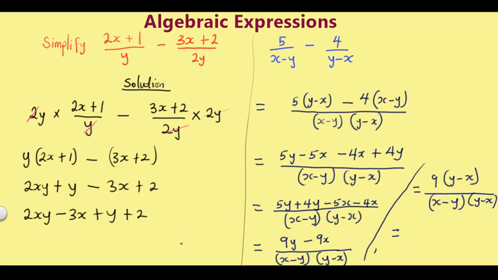Let's compare the numerator and the denominator. We have y minus x here and y minus x here, so we can cancel this out. Then we simplify the given expression to 9 divided by x minus y. And by this, we've been able to simplify the given expression.